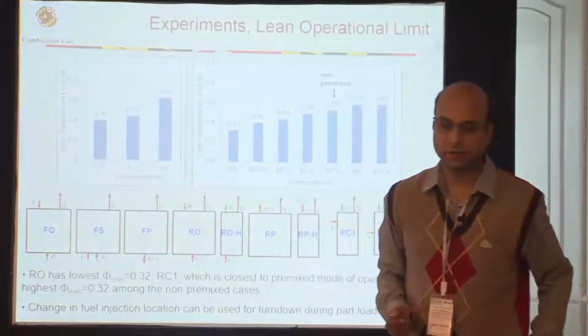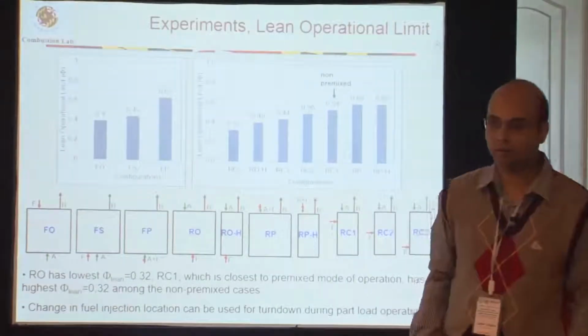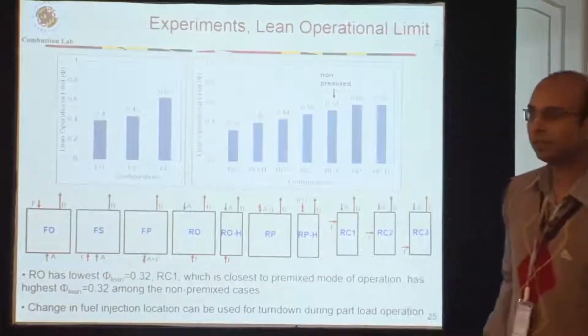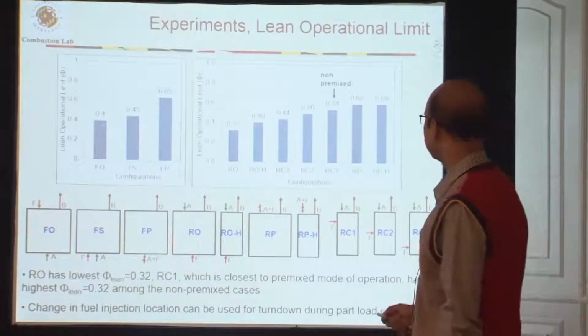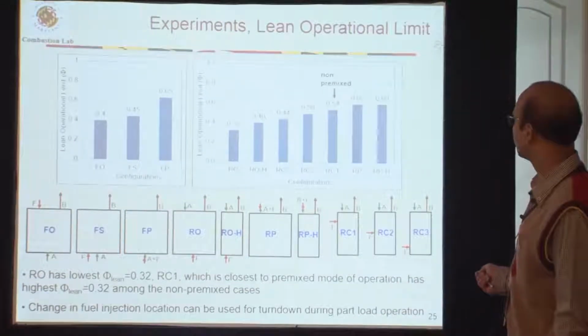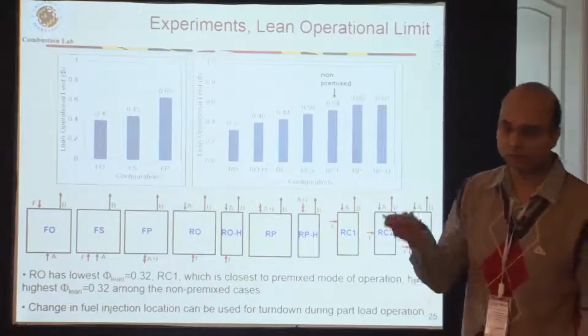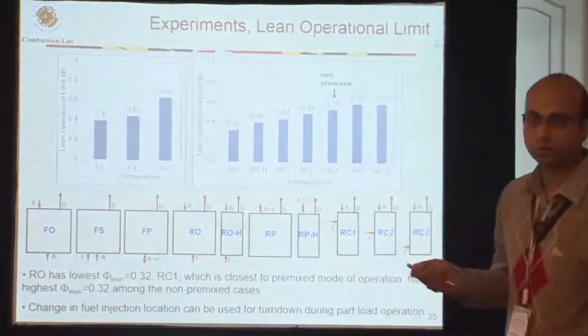So coming to the lean blow-off limit or lean operational limit, the benefits of lower NO and CO emissions do come with a penalty: even in non-premixed mode, your lean blow-off limits actually increase as I go closer and closer to premixed mode.